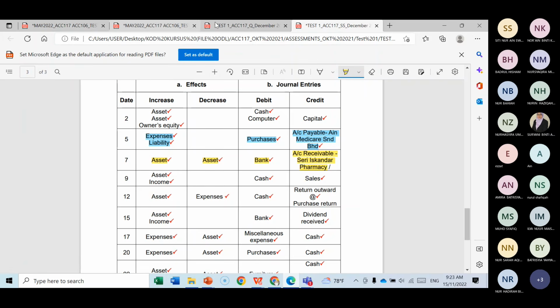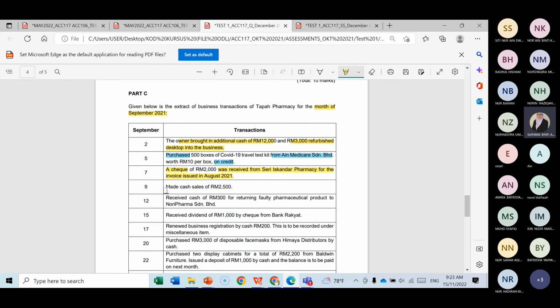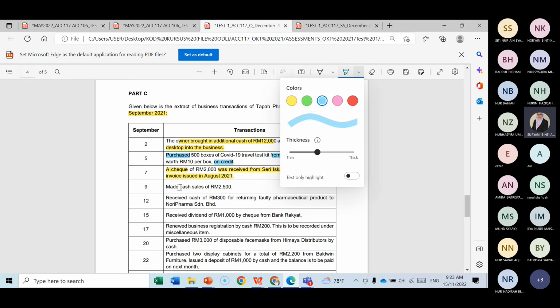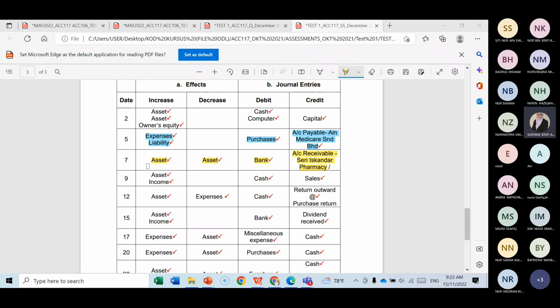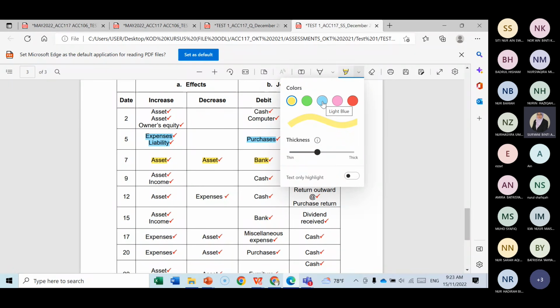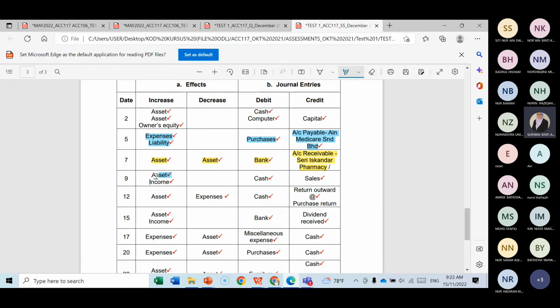Okay? Next. 9th of September, you made cash sales. The keyword here, cash sales. So increase in revenue, increase in asset. Increase in asset meaning you will debit the money that you receive.